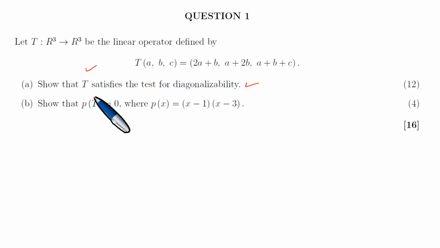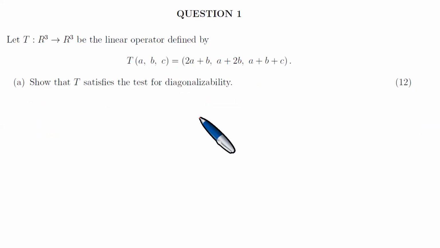What is the test for diagonalizability at this point? Expect a question like that as well tomorrow on testing for diagonalizability and how we do this test. To do this test, I have made space available. Next slide.